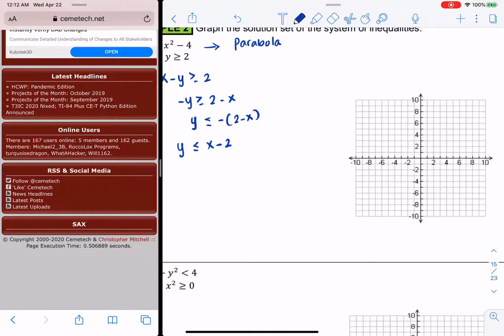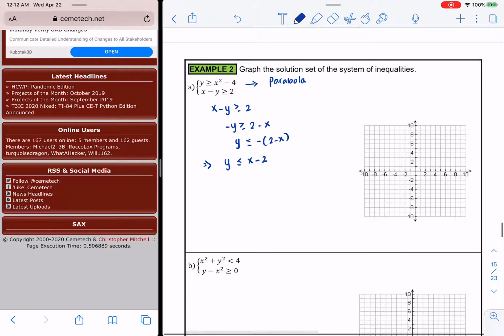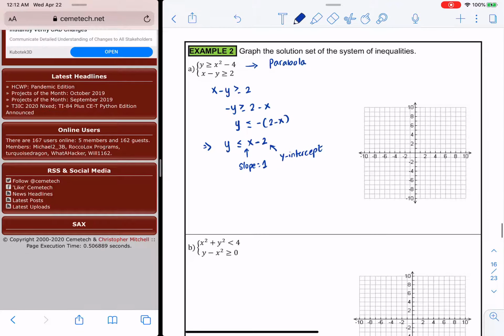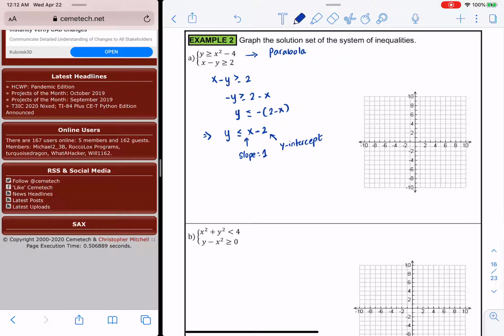Since we have the line with slope 1 and the y-intercept is negative 2, I am going to put the y-intercept first, then negative 1, and I'd have 3 points. And since it is a solid line, I'm just going to draw a solid line.